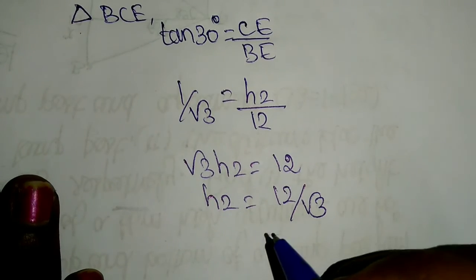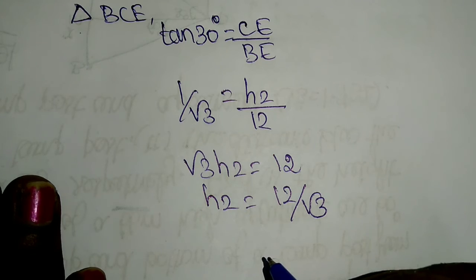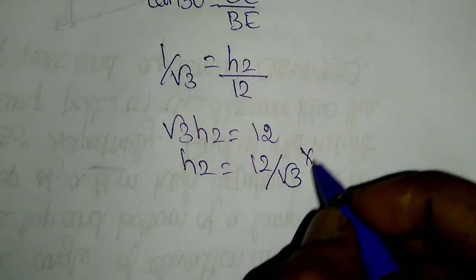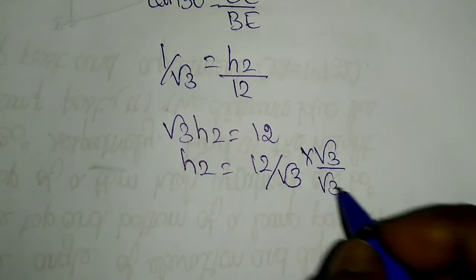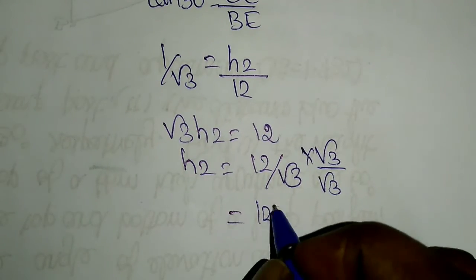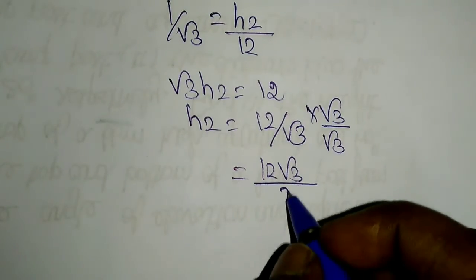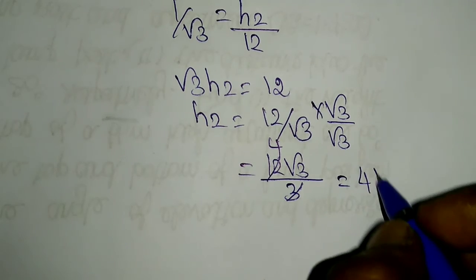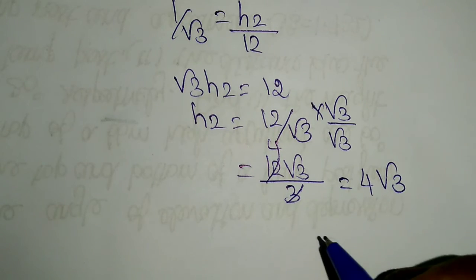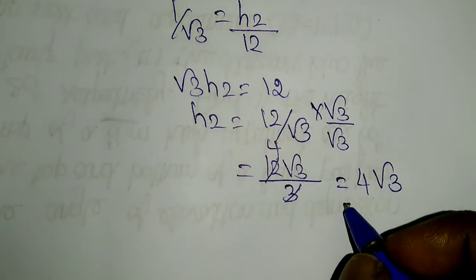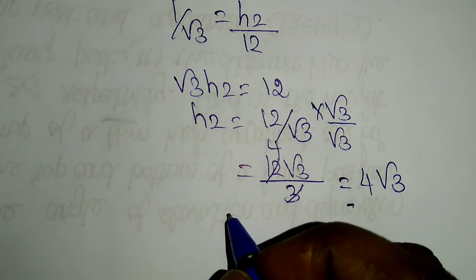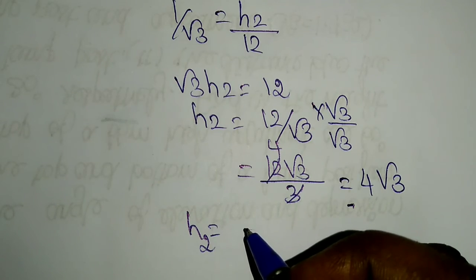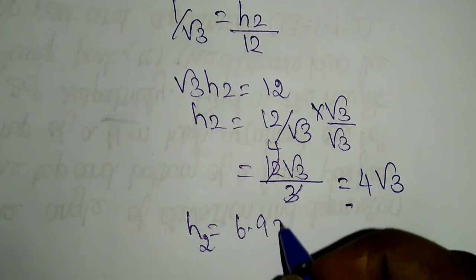Here we are going to multiply root 3 in the denominator and numerator. We get 12 into root 3 divided by 3. So 3 fours are 12. So here we get H2 is equal to 4 into root 3. So root 3 value is 1.732. So H2 is equal to 6.93 km.